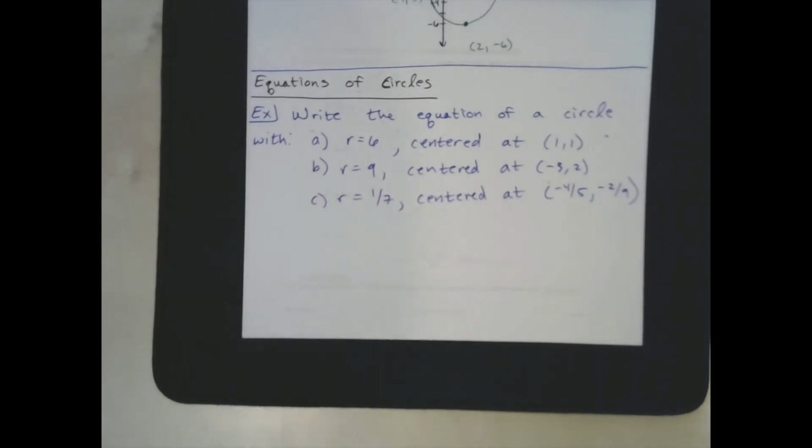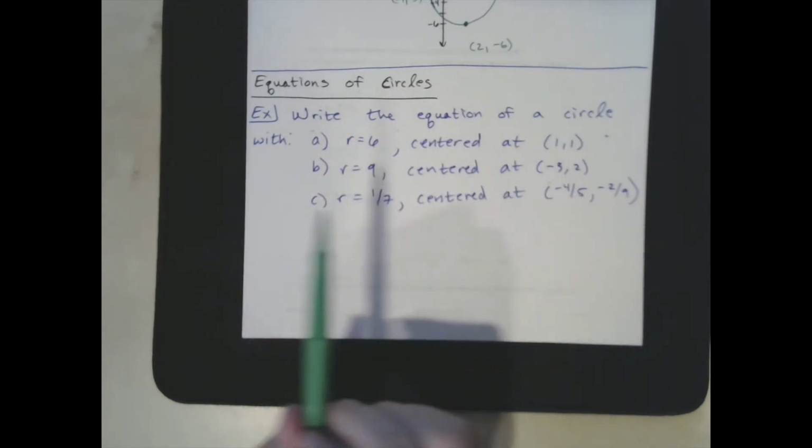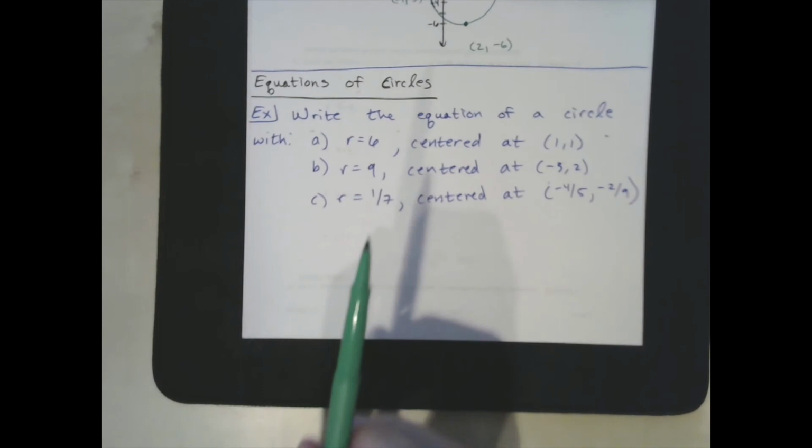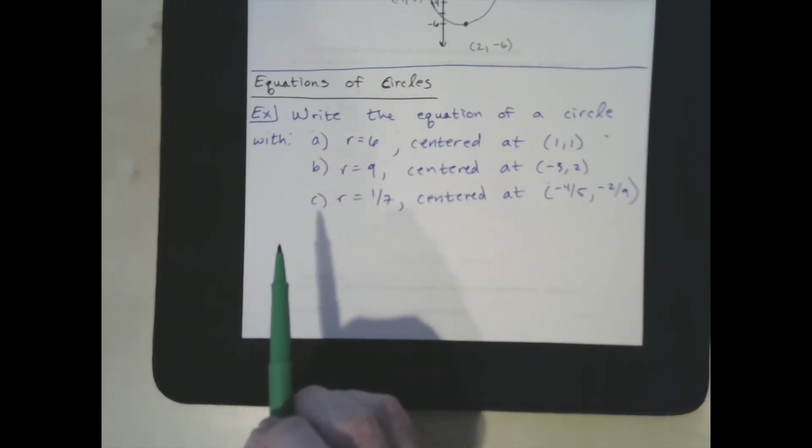The nice thing is, standard form of a circle really gives us a quick way to do this as long as we know the radius and the center. Or if we know the radius and at least one point on the circle, we can figure out where the center is.